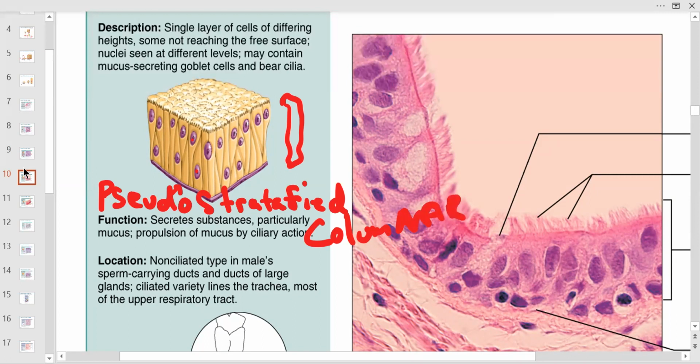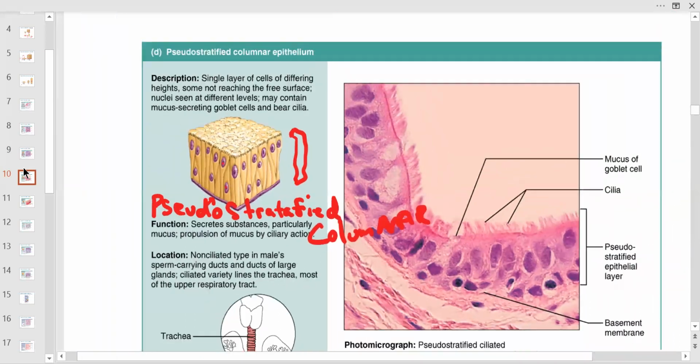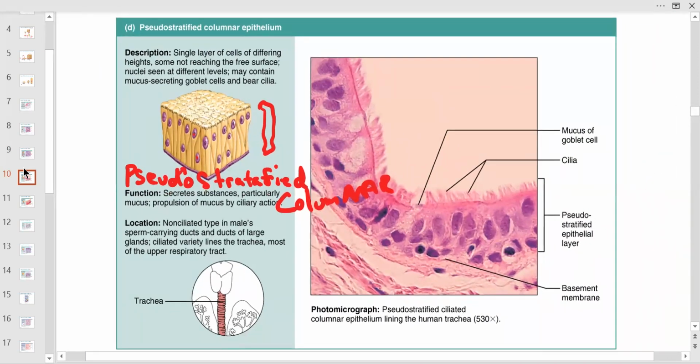Now we have to look at the real anatomy, but it's pseudo-stratified columnar. Now what's the function of this? Secretion, yes, in most places. Mucus is going to be involved. Here's the lumen, let's say, of the trachea and airway, right? Because that's where we're going to find this. That's a great answer for pseudo-stratified columnar epithelial location.